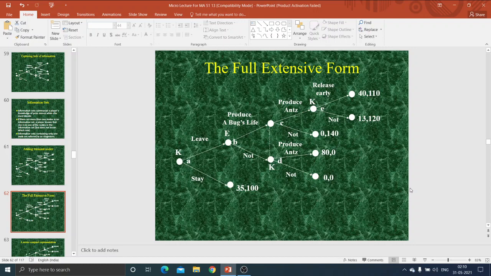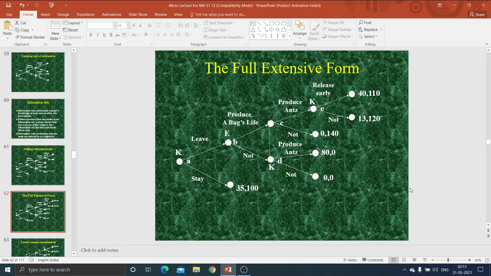Whereas if Eisner has not produced A Bug's Life, and Katzenberg produces Antz, then the whole benefit accrued by Antz would be greater, double, because of the money and so on.